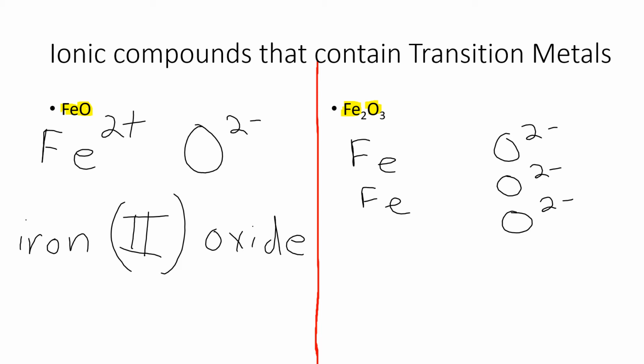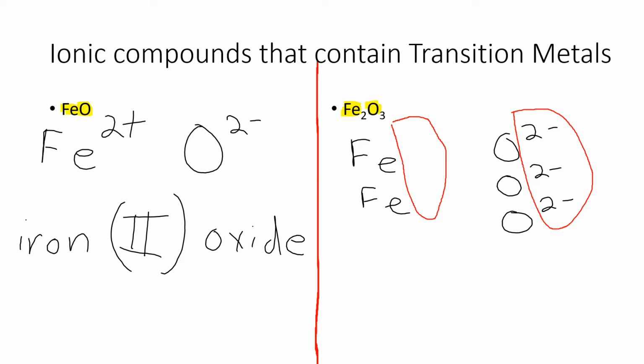So where am I at? If I count through all my negatives, -2, -4, -6, I'm at -6. That means my sum total of positives has got to be +6. So how can I get a sum total of +6?